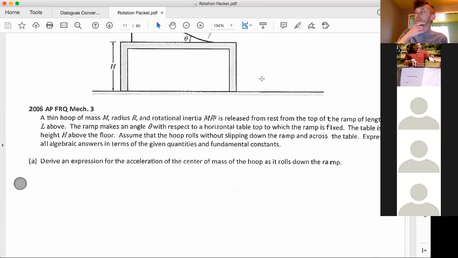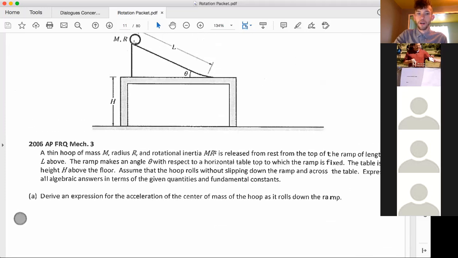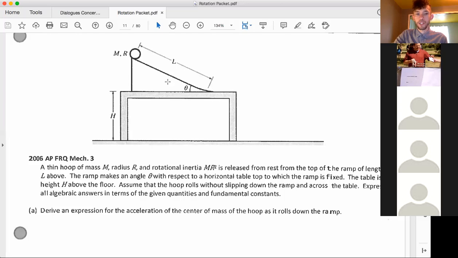I have the next videos ready to go, which are all about objects rolling along surfaces. Really important types of questions where we look at how objects roll along flat surfaces or along inclined surfaces like this. But I'm thinking maybe you guys need some more practice with regular torque stuff before we do that.